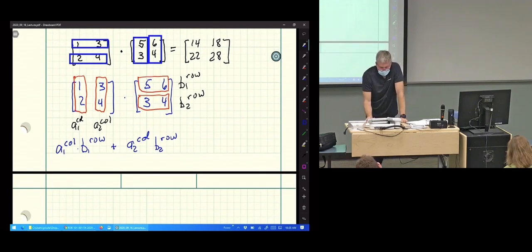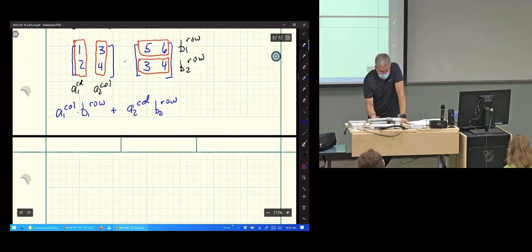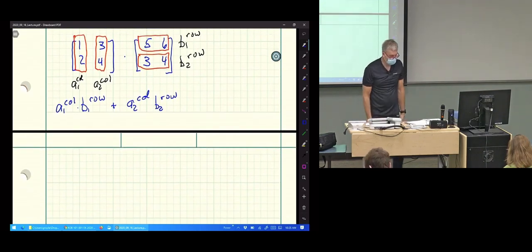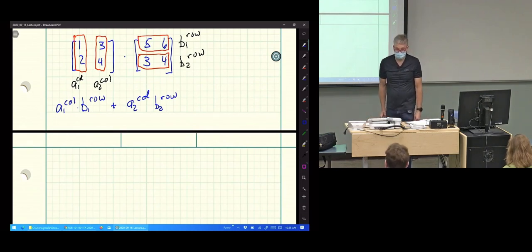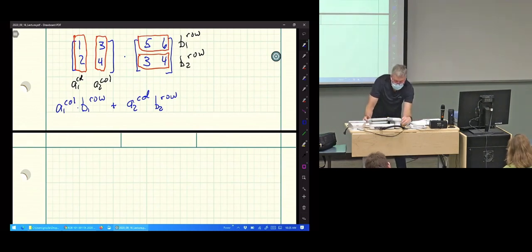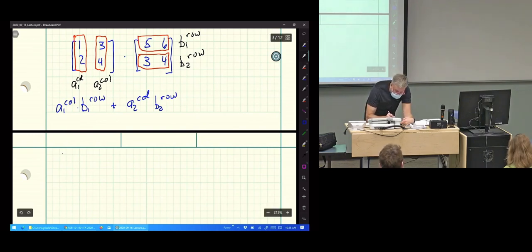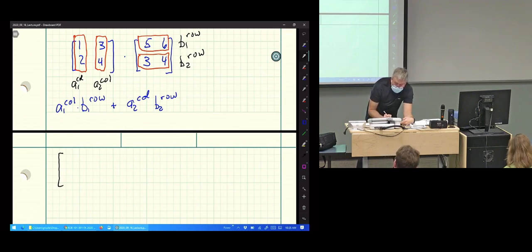Okay, so get that. I'm going to have to cover up our result from doing the standard multiplication. But let's do this. So A1 column is a 2 by 1, and B1 row is a 1 by 2. I should get a 2 by 2 matrix. So what do I get when I do A1 column times B1 row?